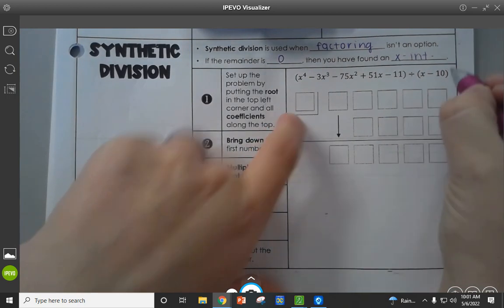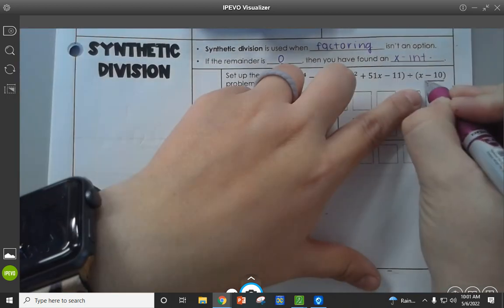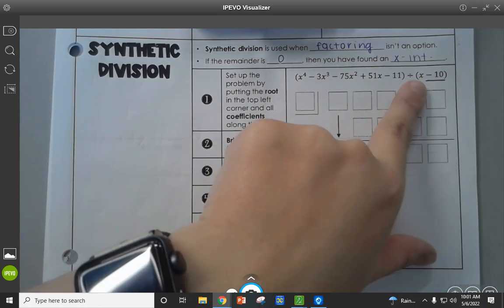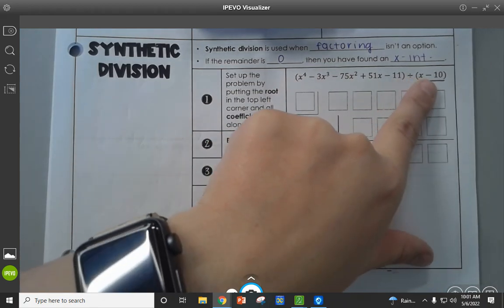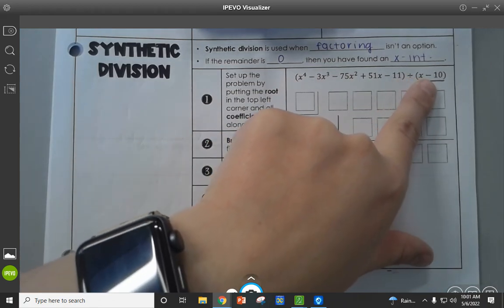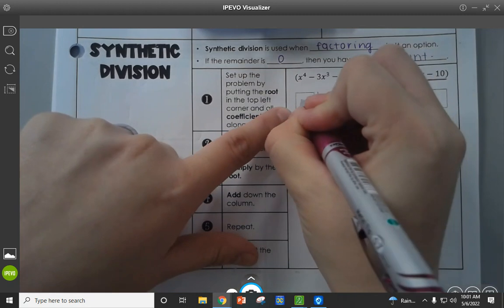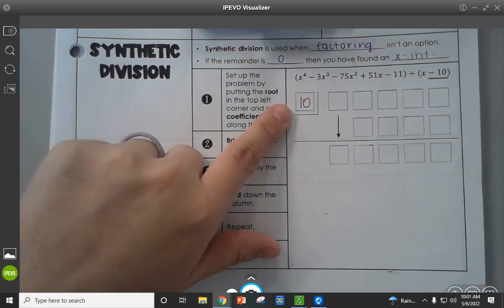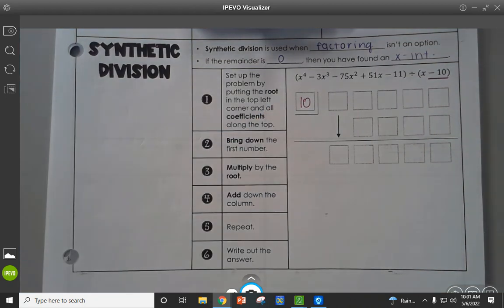The number that we put is the opposite of what we're dividing by. So I'm dividing by x minus 10, so I'm going to put a positive 10 in this corner. You put the opposite: negative, positive, positive, negative.